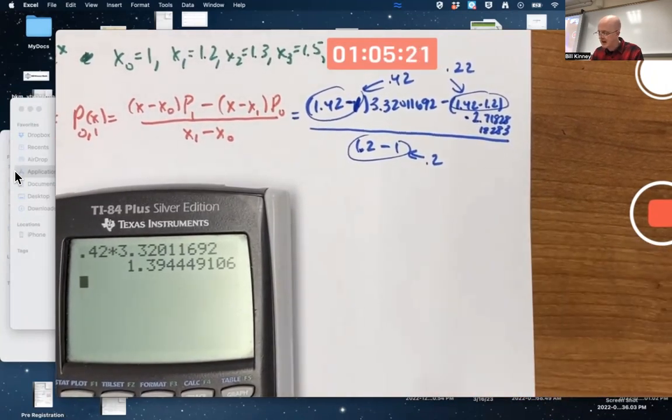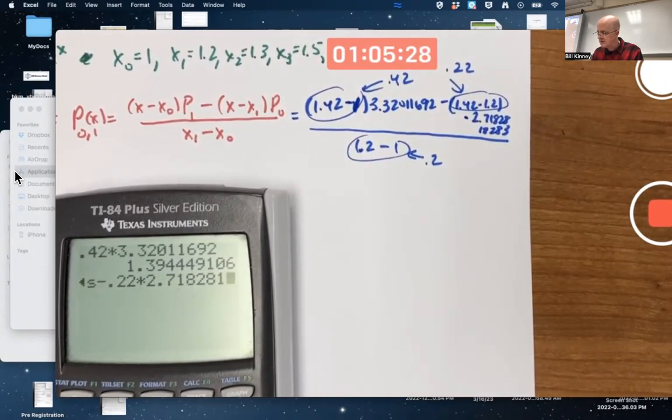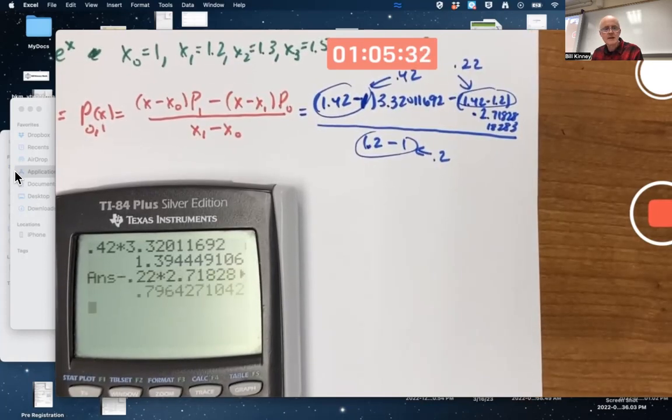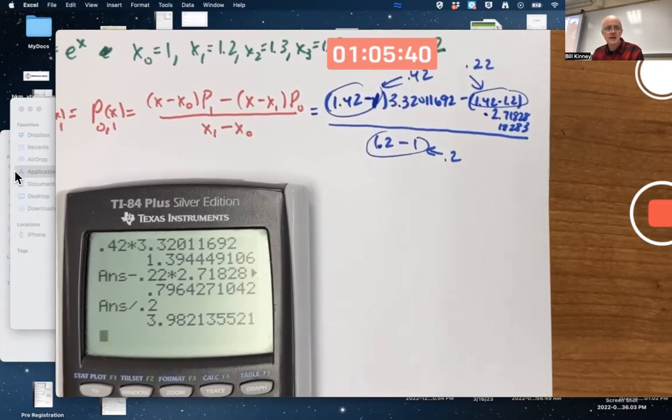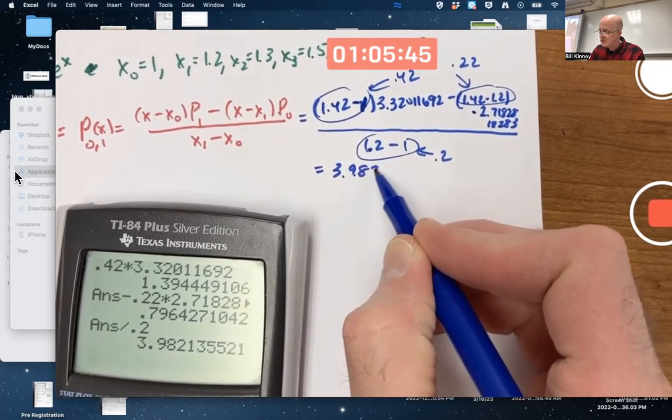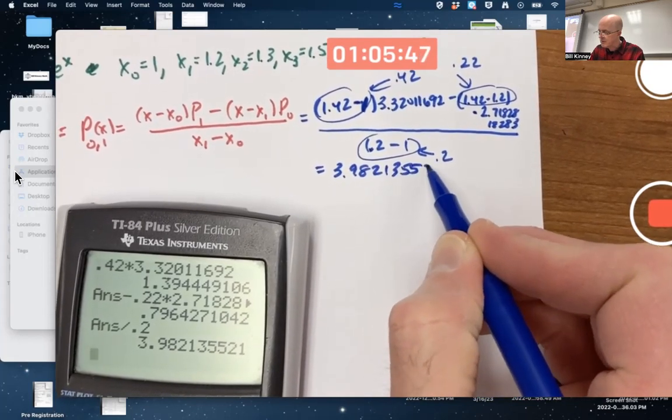And then minus 0.22 times 2.71828818283, say. It's the number E. Looks like the numerator is 0.796427. Divide that by 0.2. And looks like we get 3.9821355521.